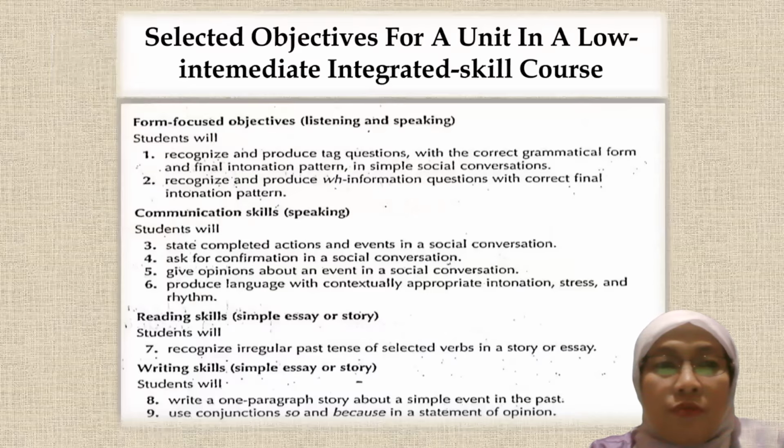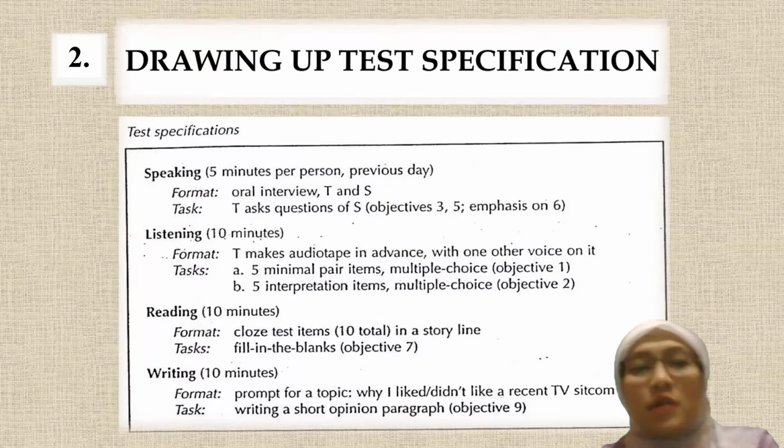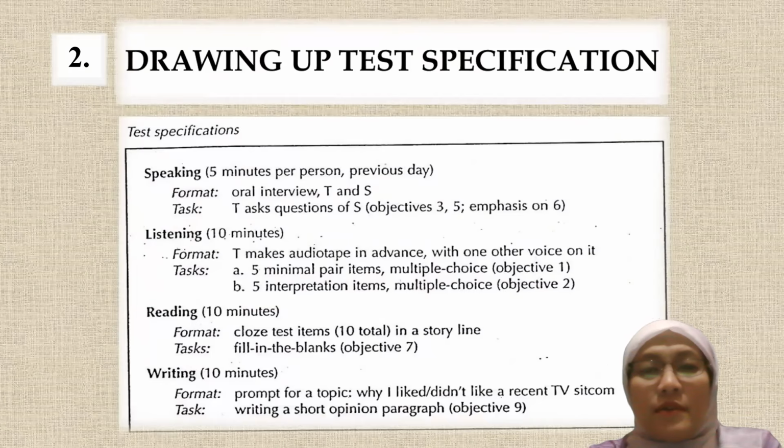Or in case of objective 2, student will recognize and produce WH information question with correct final intonation pattern. So in here, the task will be about 5 interpretation items, the intonation for WH question, and it will be multiple choice. Now let's see about speaking test.